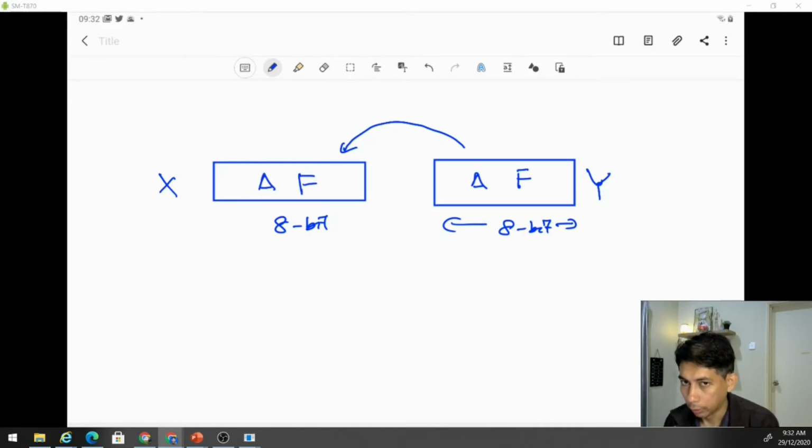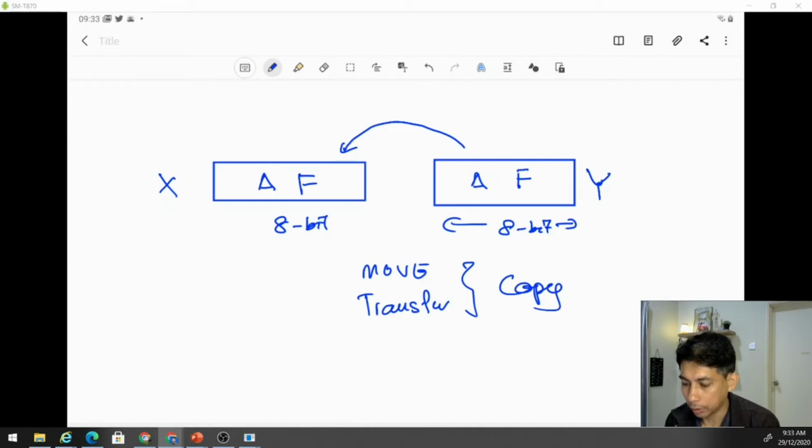So in digital systems or in computers, when we say transfer or move, that actually means copy.